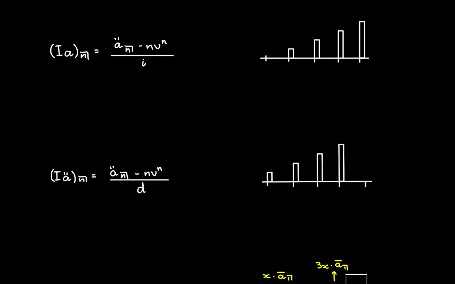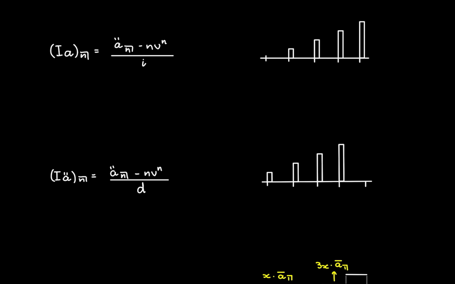And this formula is the present value of a level annuity in advance, and you subtract from that the number of payments times v to the power of n, and in the denominator we divide by the interest rate relevant for the time period.